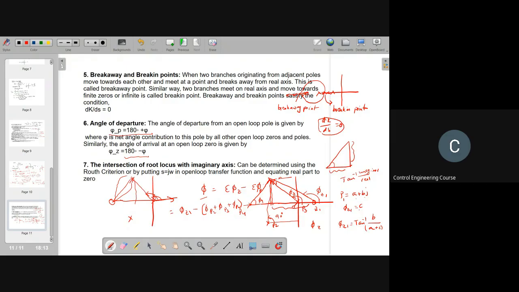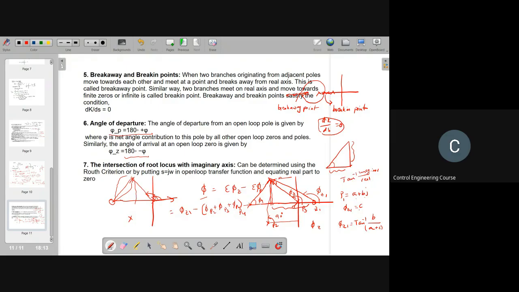As I told you, we need to calculate the angle only for complex poles and zeros. We don't need to calculate it for real poles and zeros because they already exist on the real axis; the remaining root locus will tell you in which direction it is going.